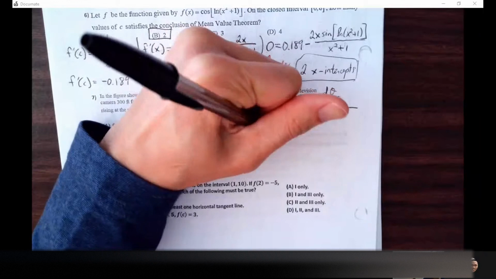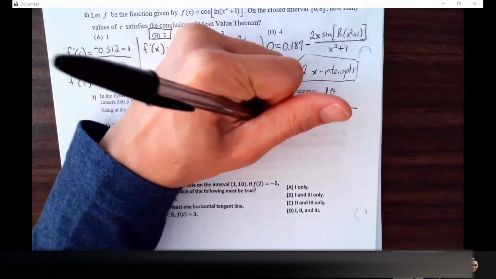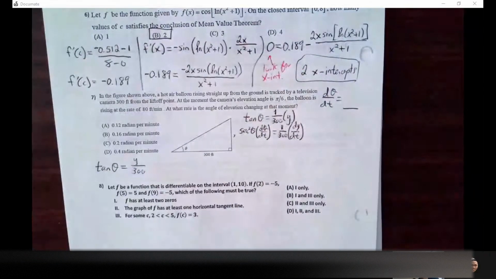One over 300 stays, and then y becomes dy dt, right? With related rates, time is going to be our independent variable, so it's going to impact every variable in our problem. The theta becomes d theta dt, and y becomes dy dt.